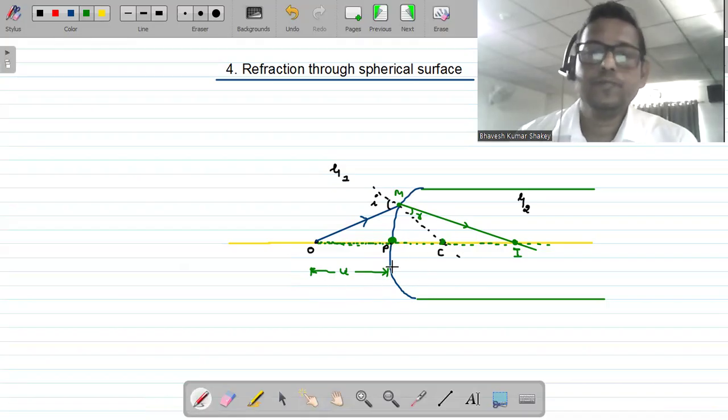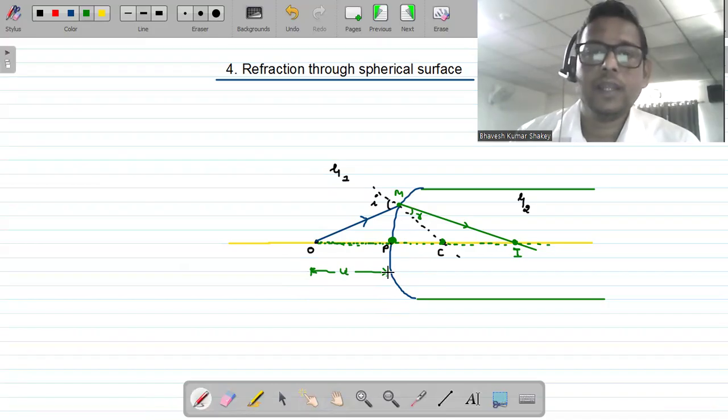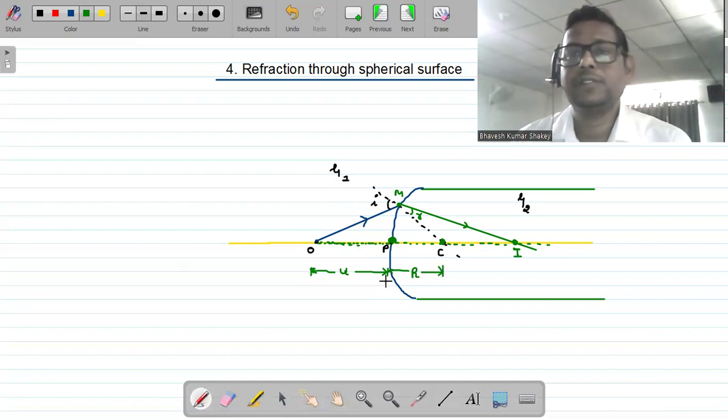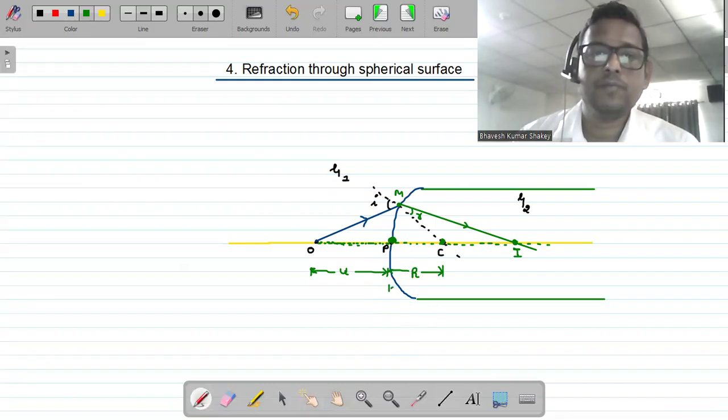Radius of curvature is the distance from this point P to the center of curvature of this spherical surface. And the distance from P to I is called the image distance, and this image distance is denoted by v.